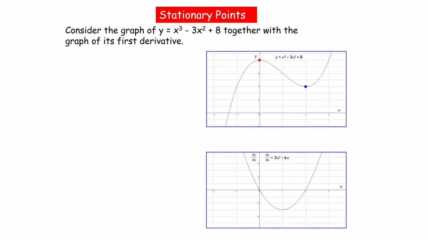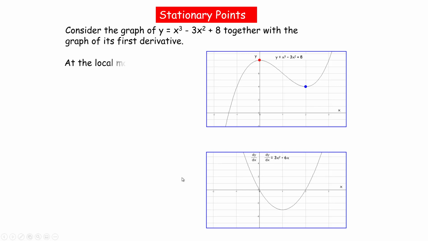So we've also got a second method of determining whether we've got a maxima or a minima, and that's by using the second derivative. Here we've got this graph y equals x cubed minus 3x squared plus 8, sketched there, and then we've got a second graph. That graph is of its derivative, 3x squared minus 6x.